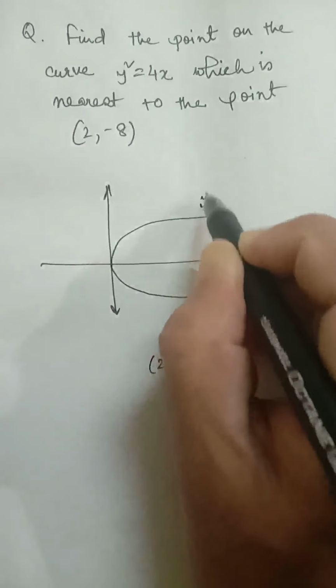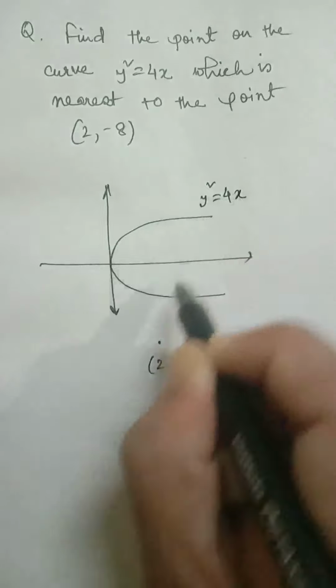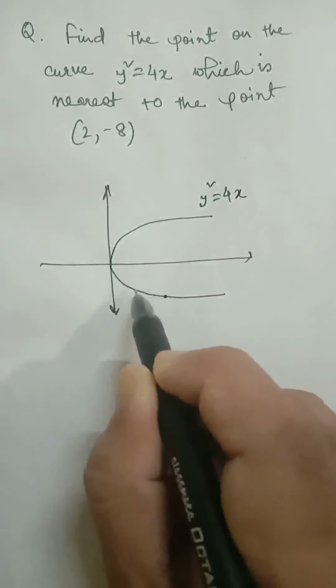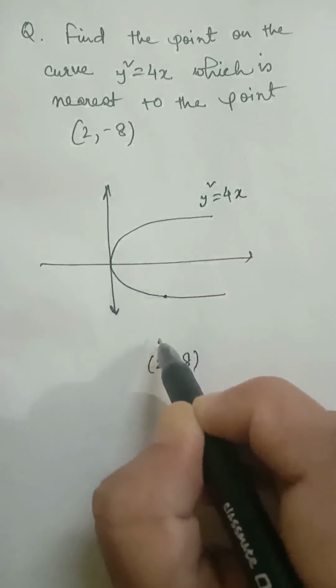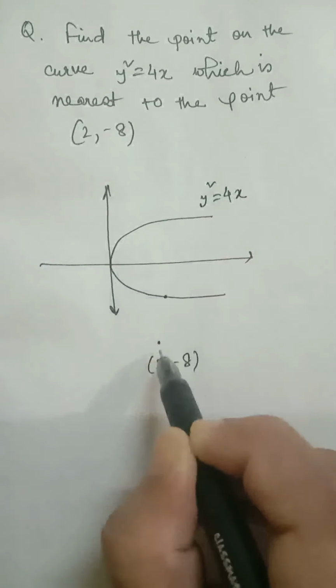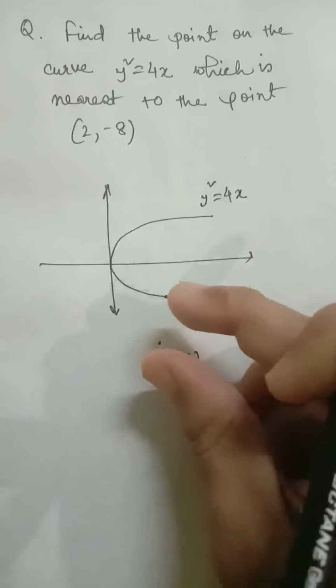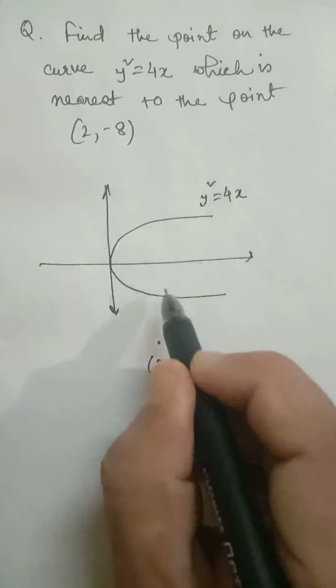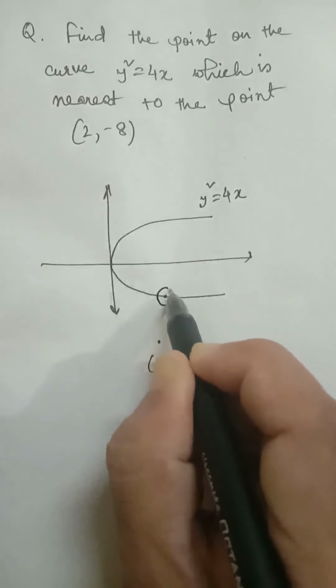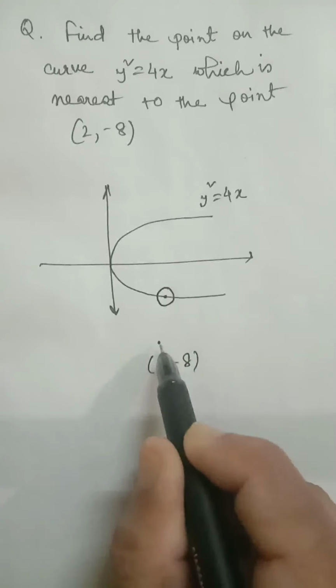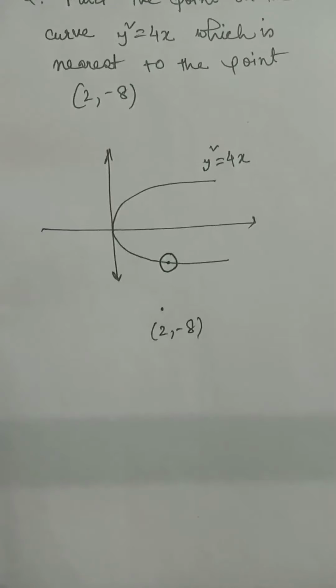We have to find a point on the curve which is nearest to this point, whose distance from the given point is the least, the minimum.